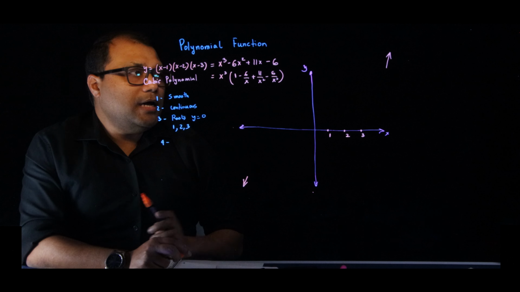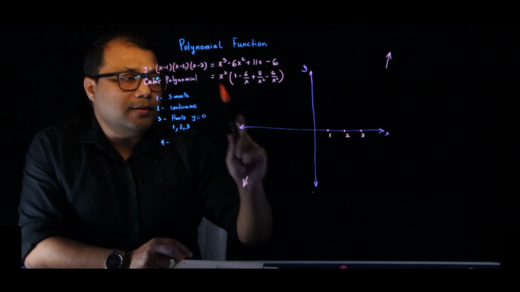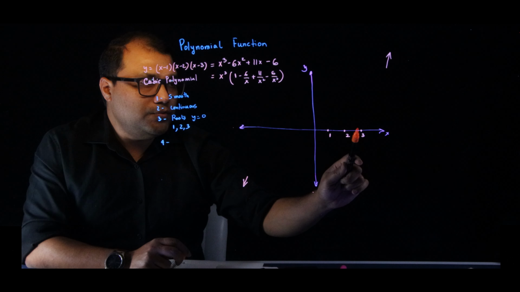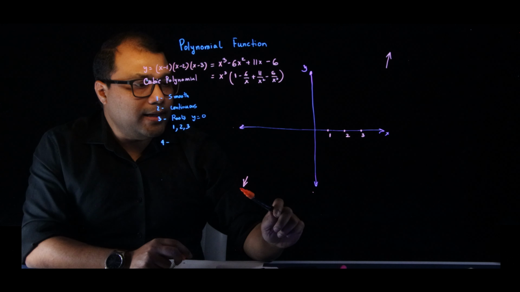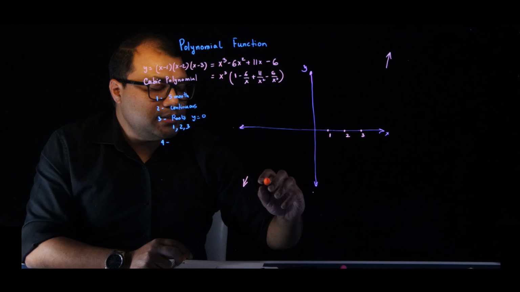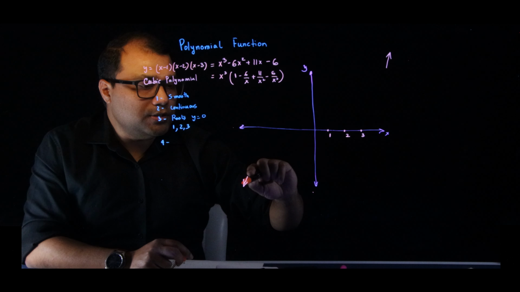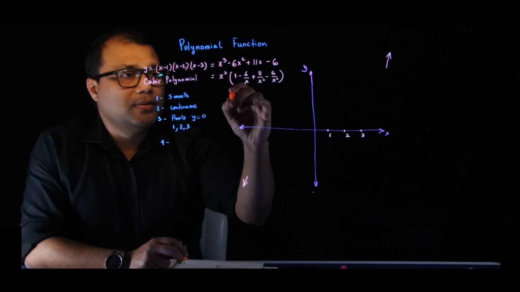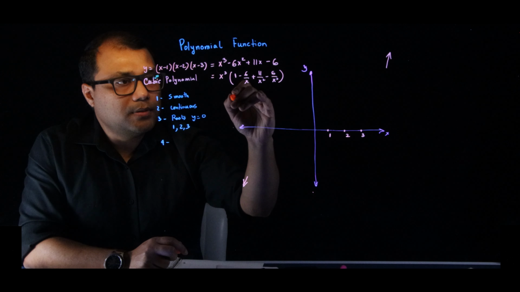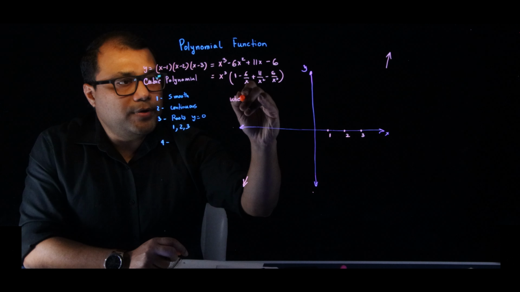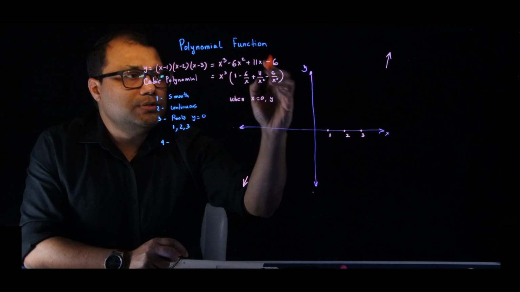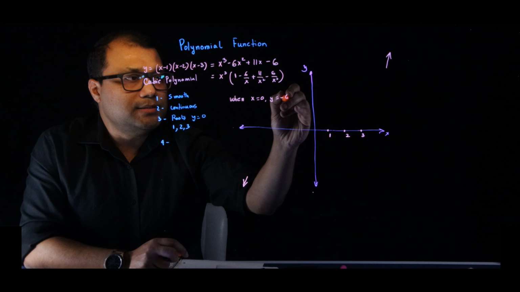So now that we know that the graph is smooth and continuous and must pass through these 3 points 1, 2 and 3, and it must go like this, is it easy to find out the nature of the graph? One other thing, when x equals 0, let's write it down. When x equals 0, what's the value of y? When x equals 0, the y value is minus 6.